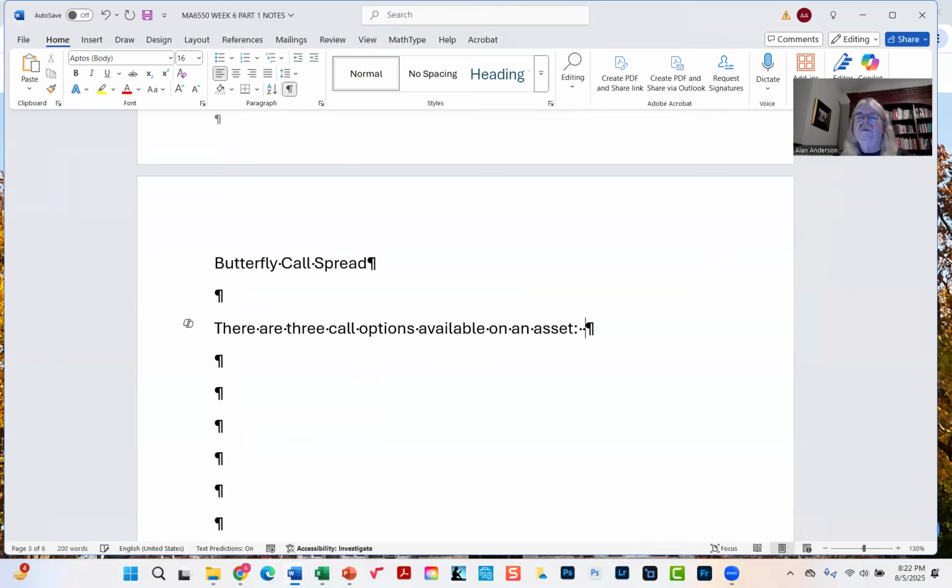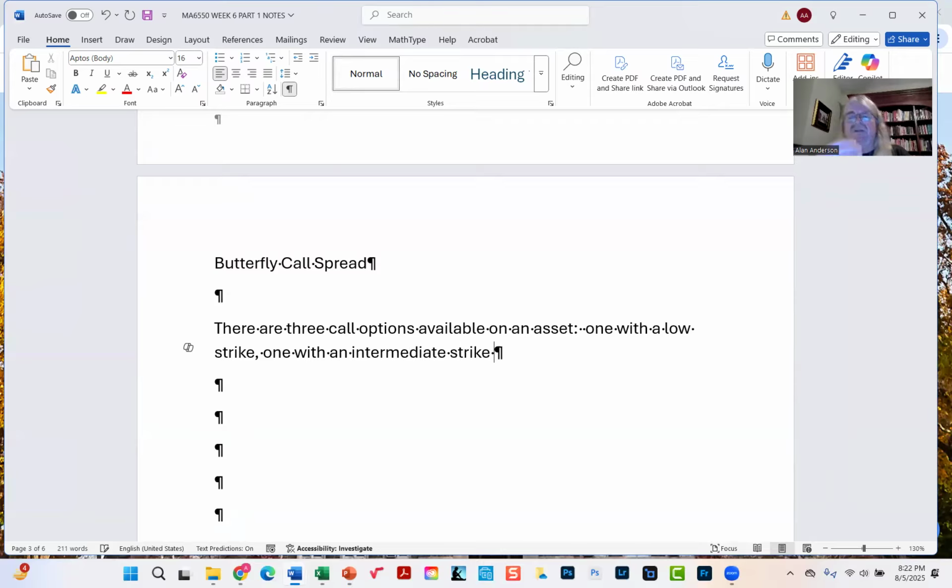Okay, and we'll just call them one with a low strike, one with an intermediate strike, and a high strike. Now, in practice, if these are written on stocks, there's probably going to be dozens of strikes available. So it's not too much of a stretch to assume that there's three available to us.